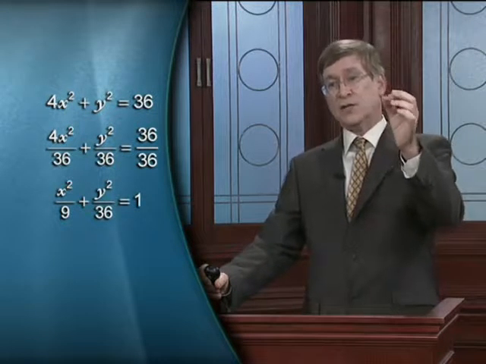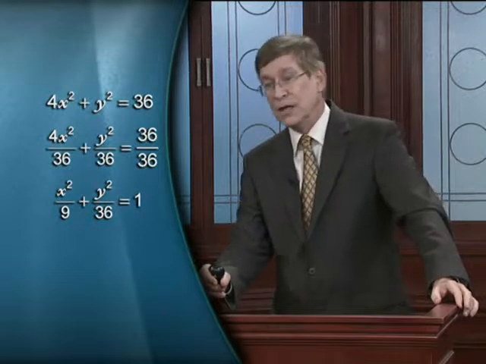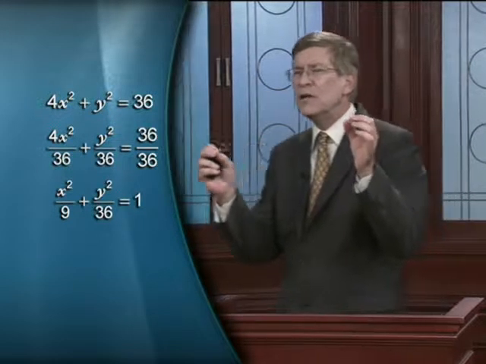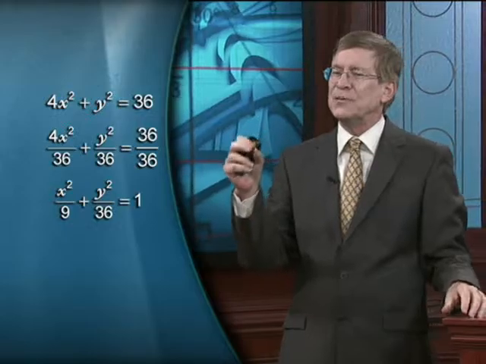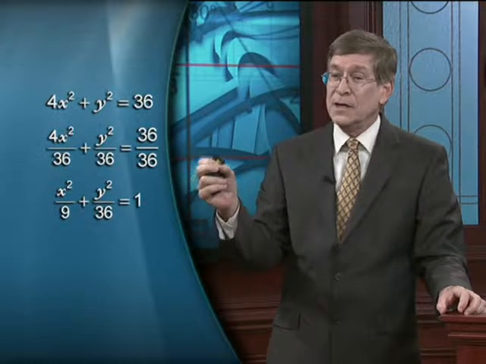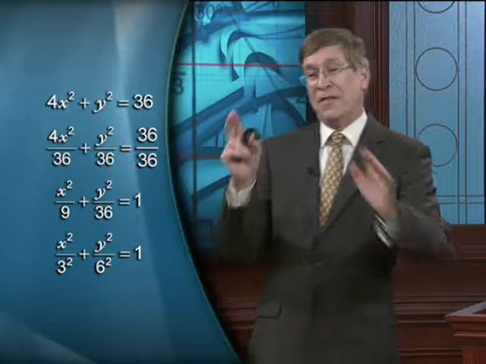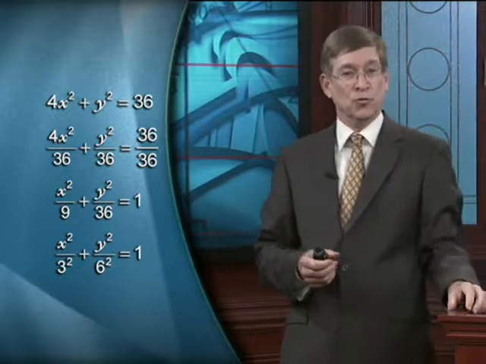So now we have x squared over 9, since the 4 and the 36 simplify, plus y squared over 36 equals 1. That's very close to the standard form. The only difference is that in the denominators, they were a squared and b squared. So write 9 as 3 squared and 36 as 6 squared. Now that's the standard form: x squared over 3 squared plus y squared over 6 squared equals 1.